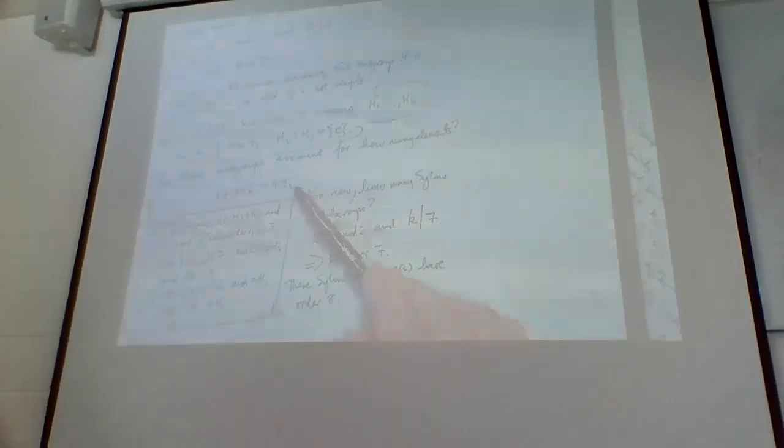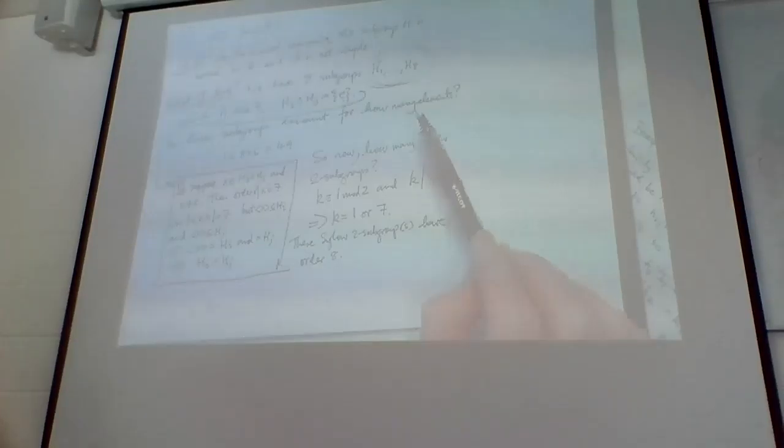None of these 49, well, apart from the identity, none of the 48 non-identity elements here can be in the Sylow 2 subgroup, because these elements all come from Sylow 7 subgroups. They all have order 7. So they can't live inside a group of size 8. The order of an element must divide the size of the group.